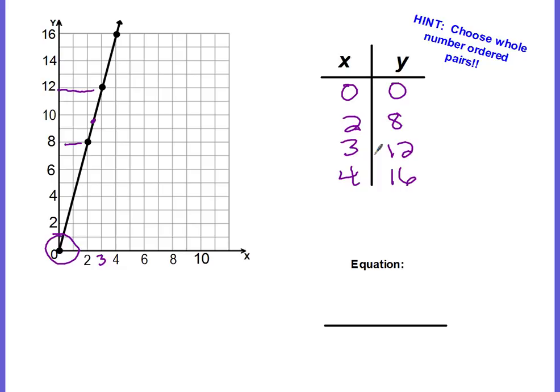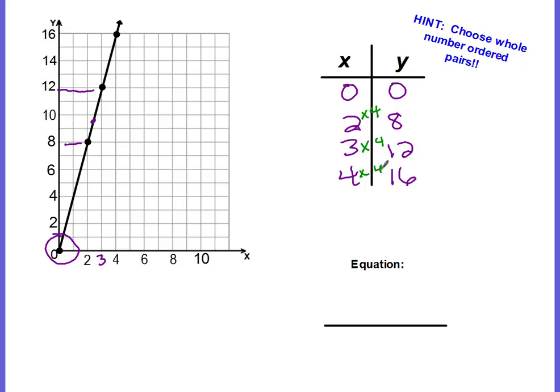Okay, now that we have our table of ordered pairs, our table of x and y values, we do what we've already learned. We can write an equation from our table. Can't really tell what's going on between 0 and 0, so let's move to the 2 and the 8. I could add 6 to 2 to make an 8, but when I add 6 to 3, I get 9, not 12. So let's go with multiplication. I can multiply 2 times 4 to make 8, and when I multiply 3 times 4, I get 12.